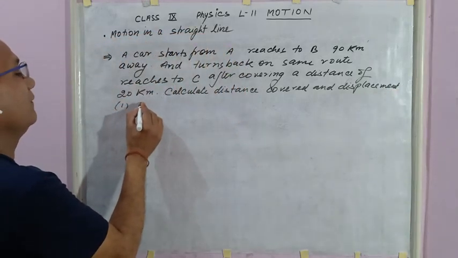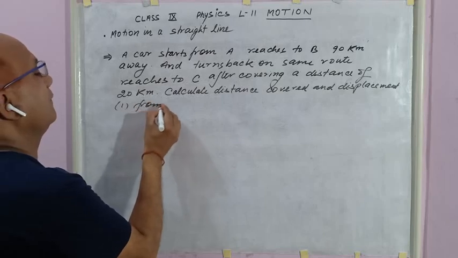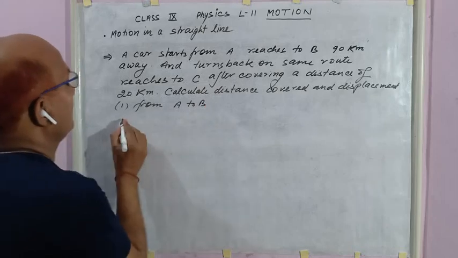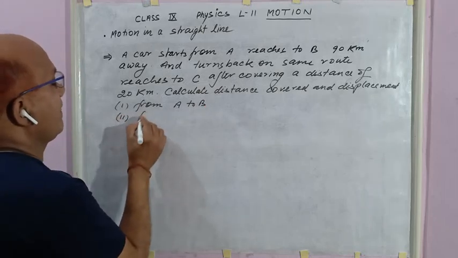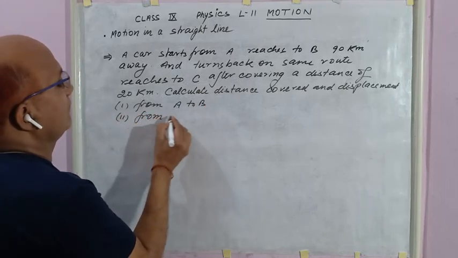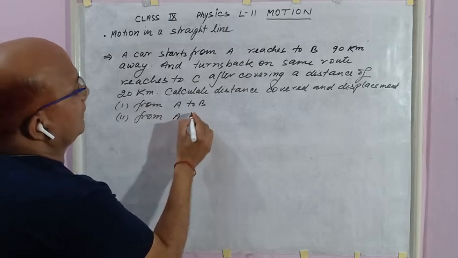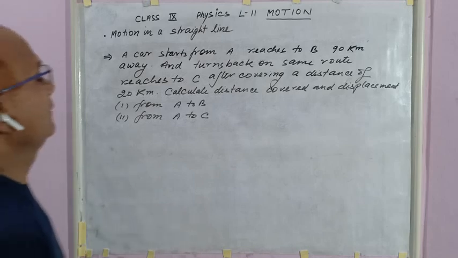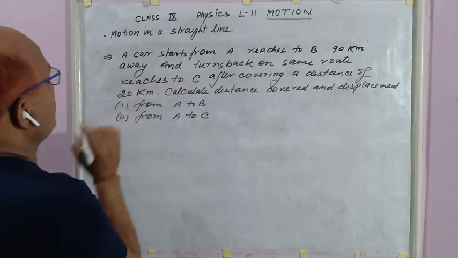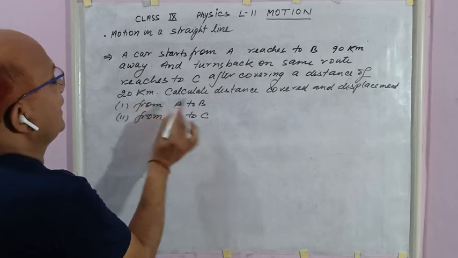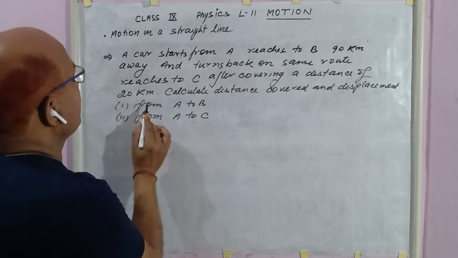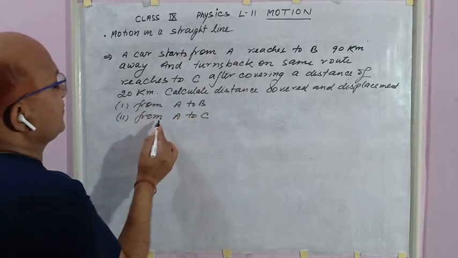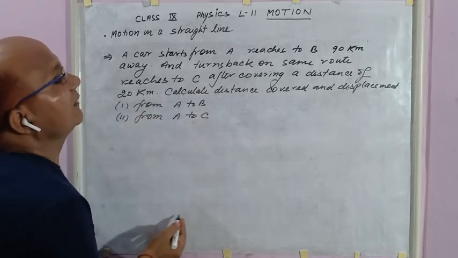Number 1, from A to B, and second, from A to C. So this question has two parts. You have to calculate distance covered in first part from A to B, and in second part from A to C.